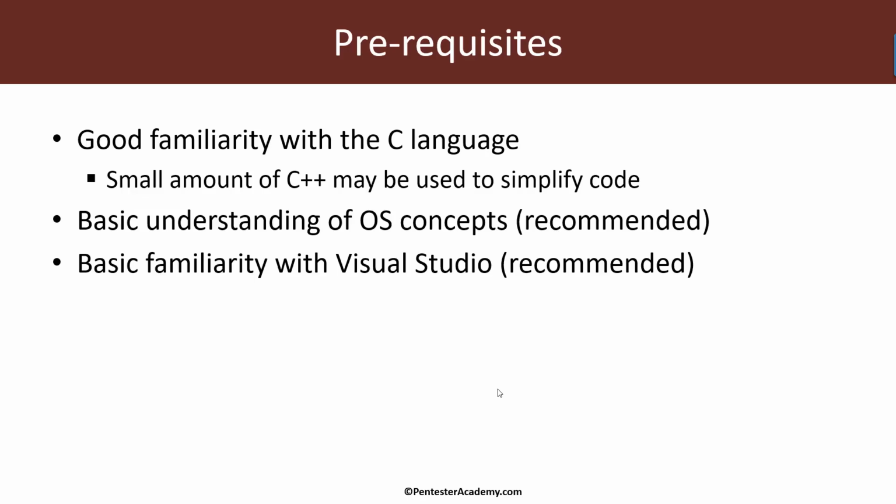Then if you have some acquaintance with OS concepts, whether in Windows or some other operating system, that's all the better. We will look at the most important concepts, but if you have some exposure to that already, that's even better. And you should have a basic familiarity with Visual Studio. I will show you how to get started with Visual Studio, but if you already know something about this tool, then again, that's great. It will make your life a little bit easier at the beginning.